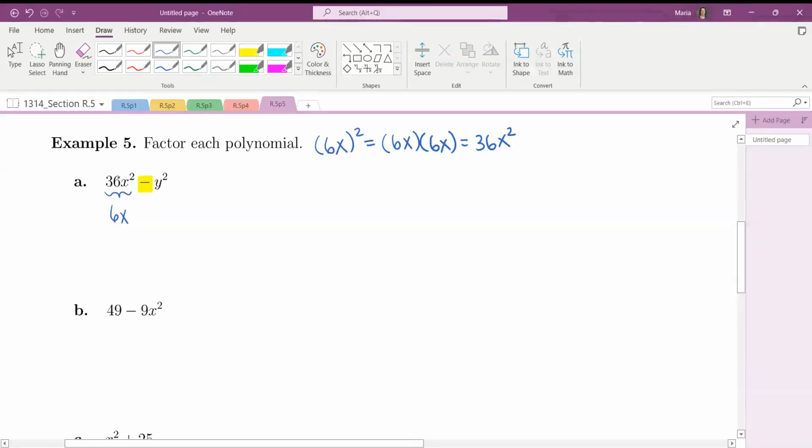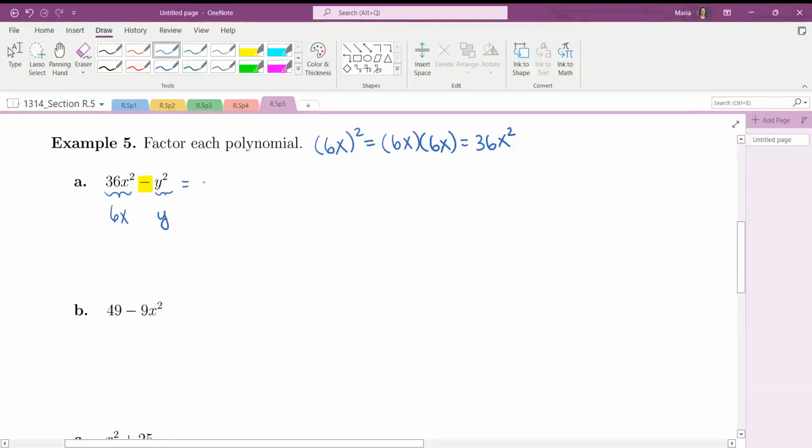So 36x squared is a square because there's something, namely 6x, that we can square to get it. On the other side of the subtraction sign, we also have a square. You can square y to get y squared. So we are subtracting squares. That's what a difference of squares is.